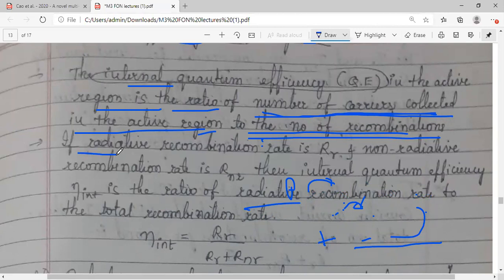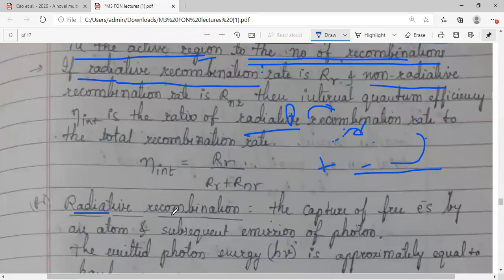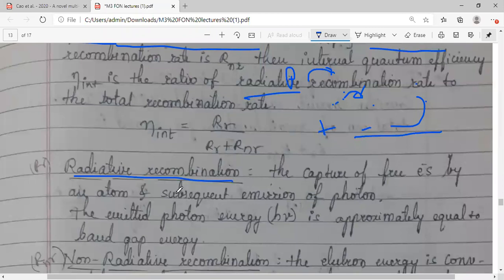Here we have two terms: one is radiative recombination, the other is non-radiative. Let me explain that, then we can go for the equations. Radiative recombination means whenever the electrons and holes collected at the active region recombine, free electrons are captured by the atoms, and because of the recombinations, light is emitted. That is what we require.